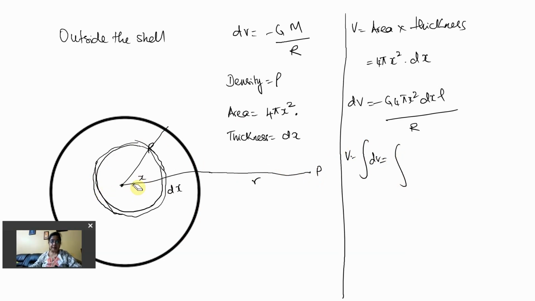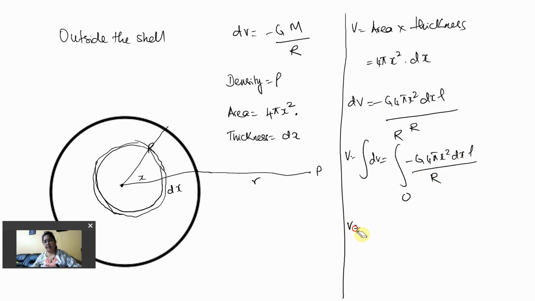The effect due to every element on the sphere will start here and continue until it comes here. So your limits are going to be 0 to R, and you have minus G 4 pi x square dx rho by r.